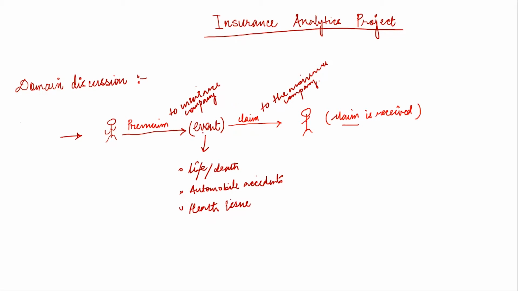This event can be whatever the insurance is for. For example, if it is life insurance and the individual dies, unfortunately, then the insurance company is supposed to pay back the promised sum of money to the nominee of the insured individual. It could be for any other event, for example, a health issue, an automobile accident, a car accident.